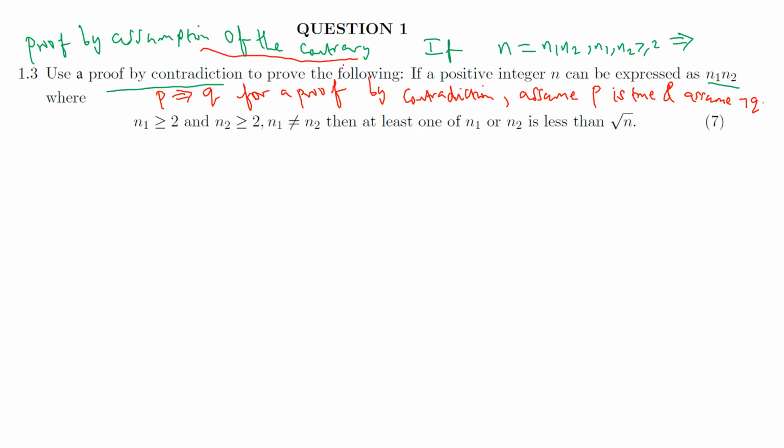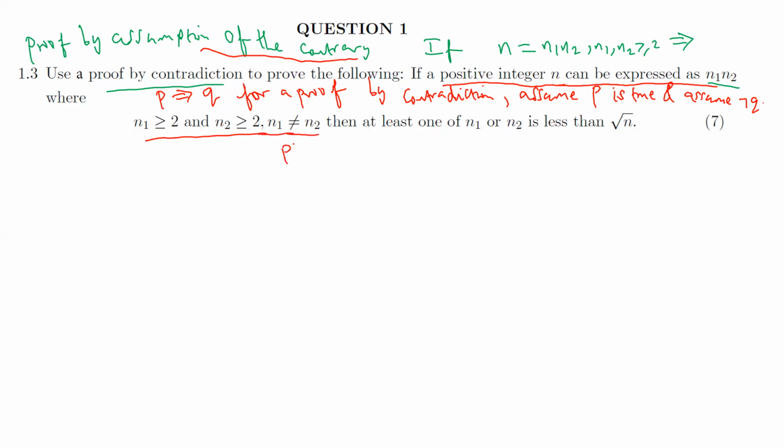So let's work on this one. What is our P and what is our Q here? Obviously we start by looking at: if a positive integer n can be expressed as that. In other words, that is our P, everything here.